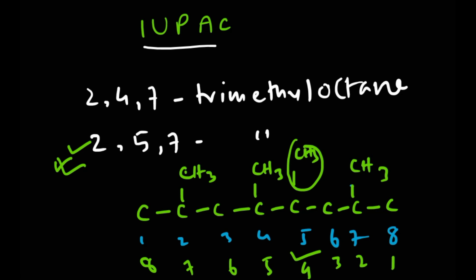If we write 5, then following the numbering from the right side, it will come as 4. The name of the correct structure will be 2,4,7-trimethyloctane.